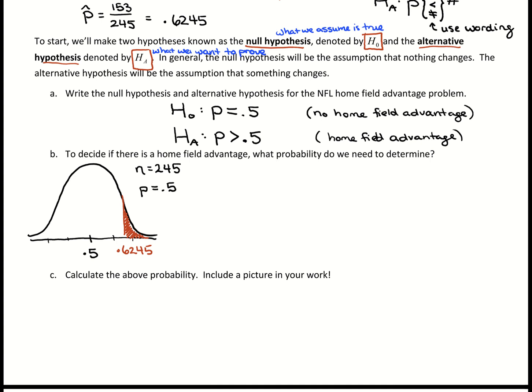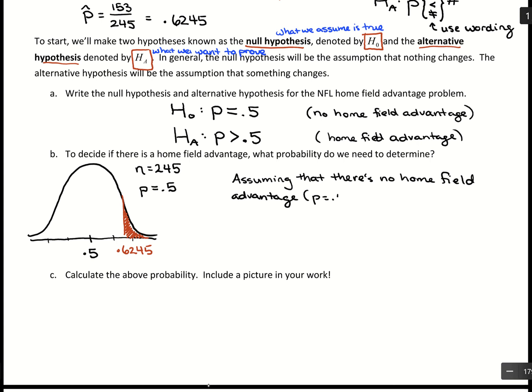So to put this in words, this probability that we're looking for, which is going to be that shaded area, is the idea of assuming that there's no home field advantage. That's the idea of assuming that our proportion is 0.5.